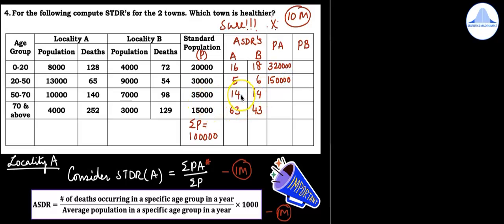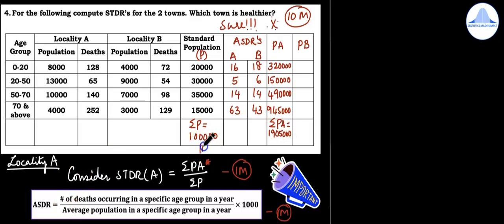Then 35,000 into 14 is 4,90,000. Then 15,000 into 63 is 9,45,000. Then find this total, that is summation PA, which is equal to 19 lakhs 5,000.